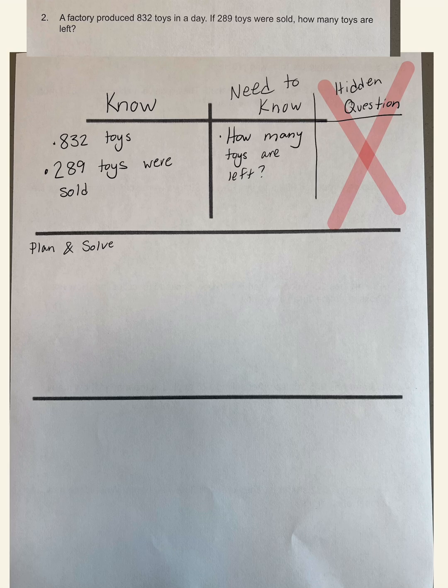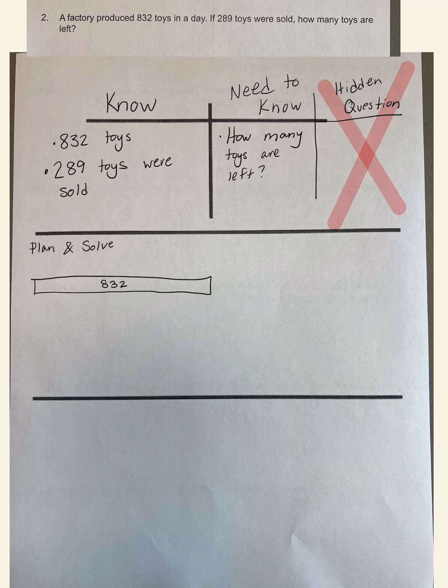You read through the problem and figure out what information do you already have and what information do you need to find. So if I'm doing that, I see that the first thing I had was 832 toys. So I'm going to draw a box for that 832. Okay, so that represents my 832 toys.